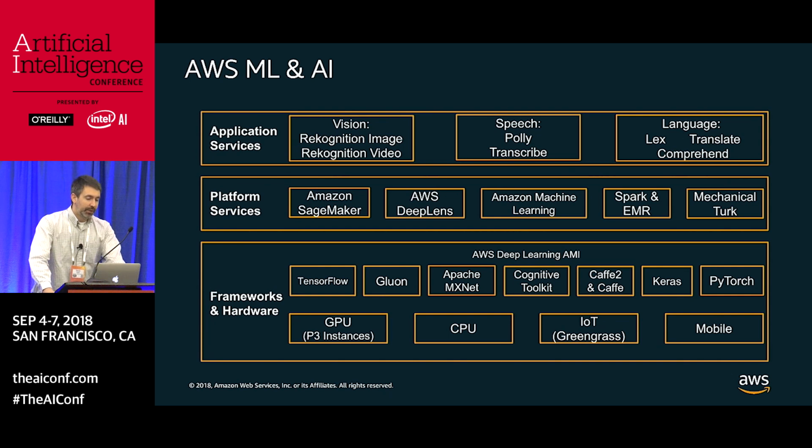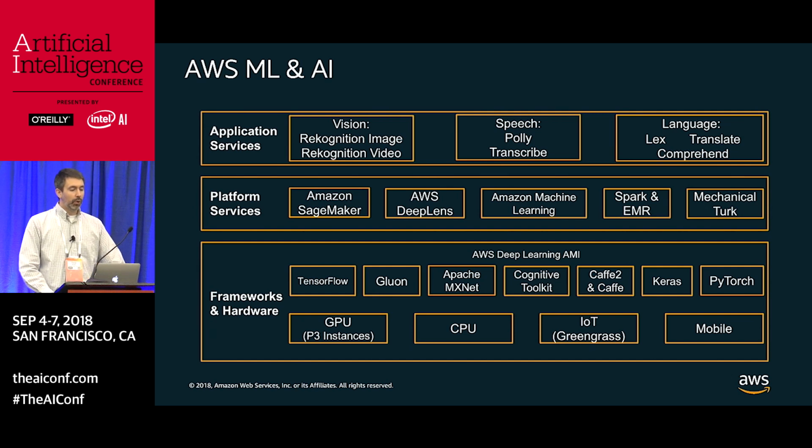So to start off, let's talk a little bit about where we see SageMaker relative to the rest of the AWS machine learning stack. When we think of machine learning in AWS, we think of a 3-layered stack, with application services at the top. These are things you might be familiar with, like Rekognition, Lex, Polly, Transcribe, Translate, Comprehend.